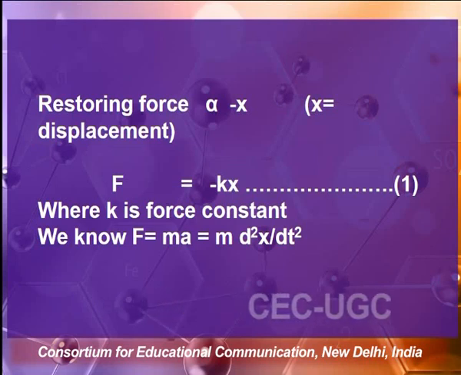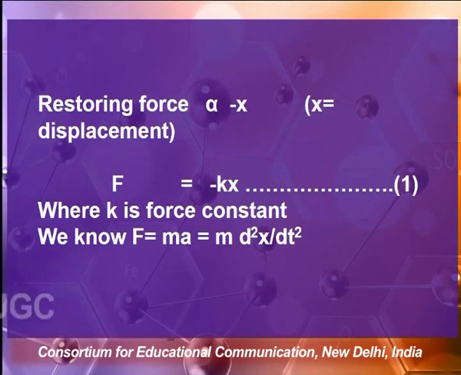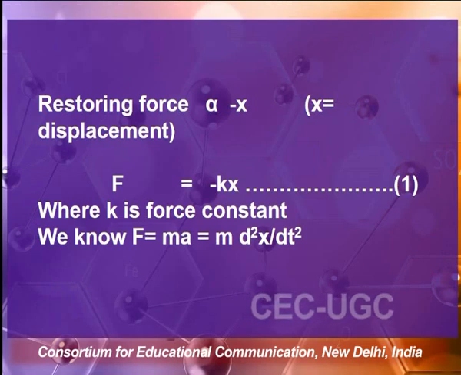But according to Newton's law, we know that f equal to ma, where f is the force, m is mass and a is the acceleration. And we already know a equal to d square x by dt square. So we get f equal to ma equal to m d square x by dt square.